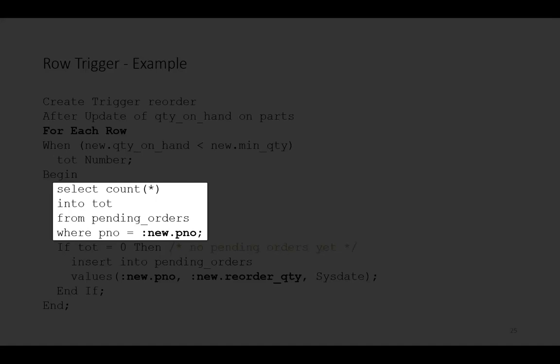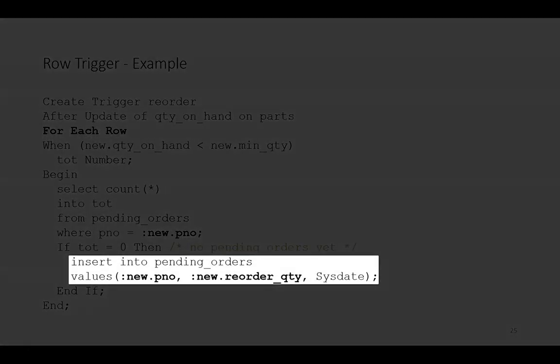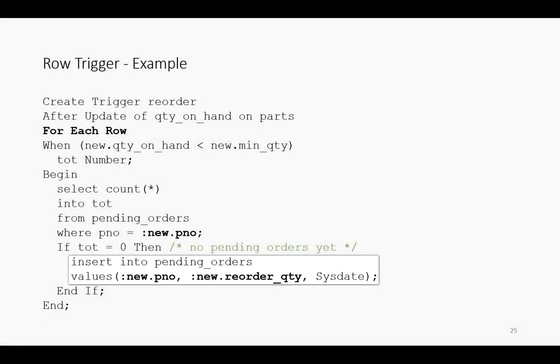Are there any rows currently in pending orders for this particular part? If there are no rows, if total is equal to 0, then we insert a new row supplying the part number, the reorder quantity, and the current date. But if total is not equal to 0, that means we already have an order in pending orders. We simply terminate the trigger. Processing is done.